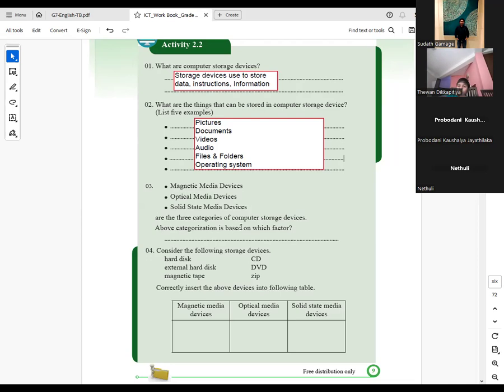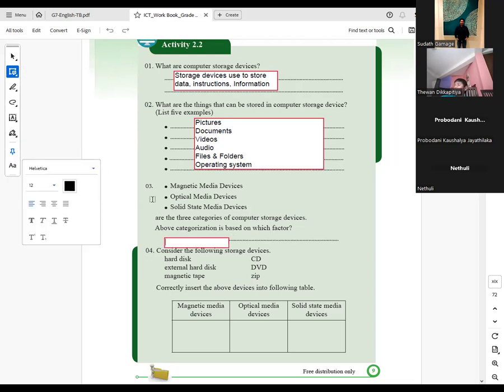The above categorization is based on which factor?